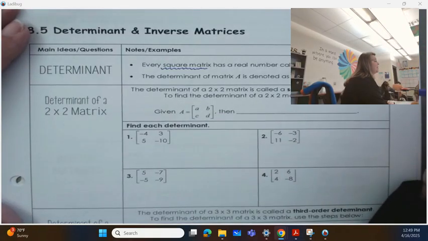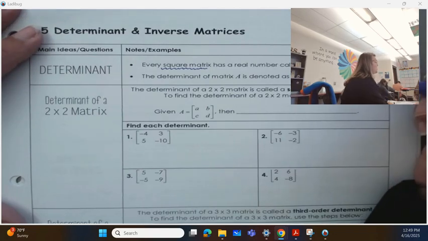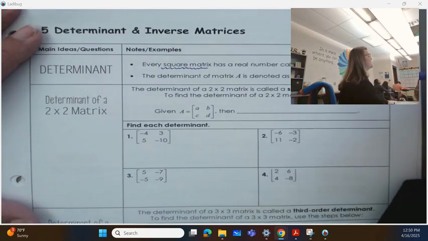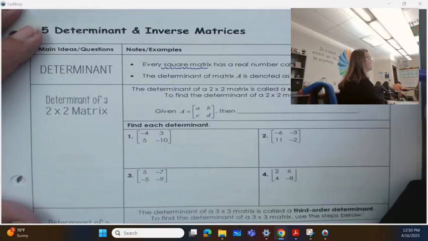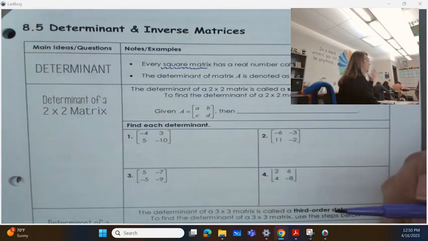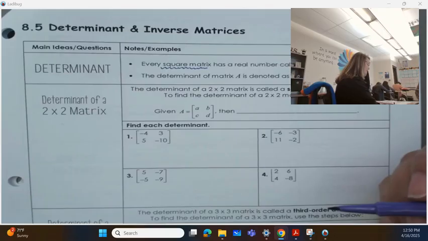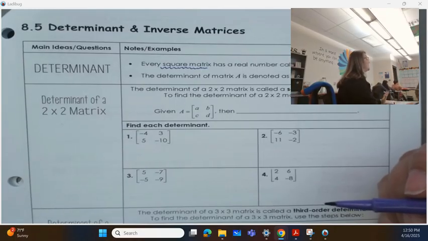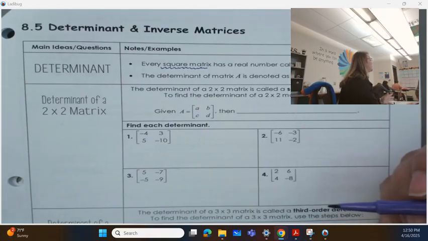That's why I don't like it when they do absolute value bars around what's supposed to be a matrix, because I think it's confusing that way. When you see absolute value bars with a matrix number or letter in it like that, it really means to find the determinant of that matrix. And the determinant is just a number. I'm going to apologize now because sometimes I accidentally say discriminant instead of determinant, but that's not what I mean. If we're talking about a matrix, I absolutely mean the determinant of a matrix.